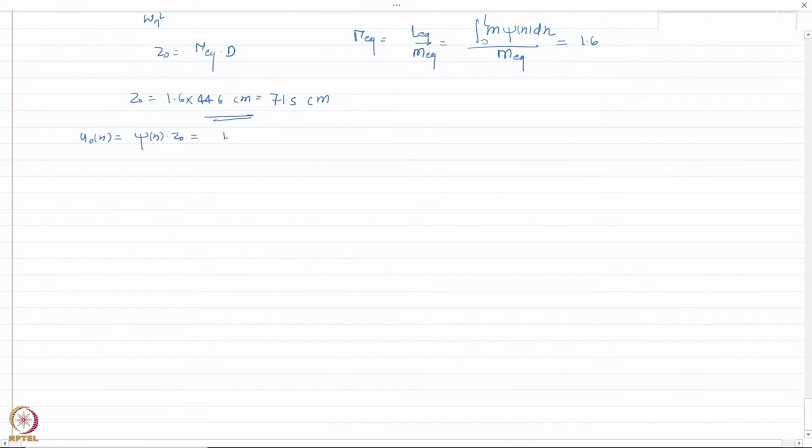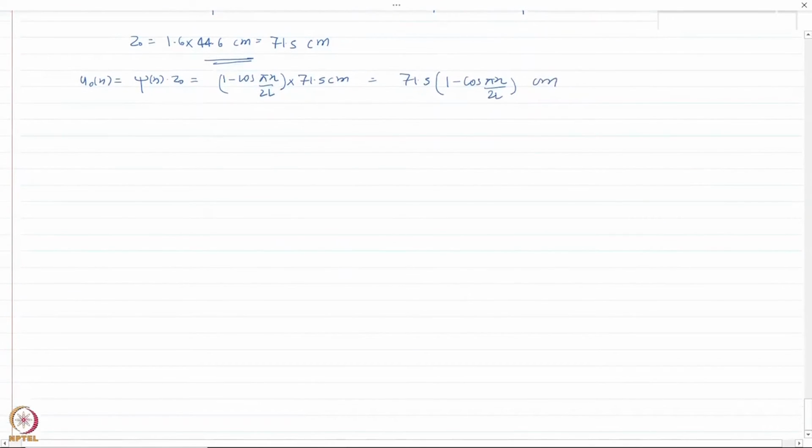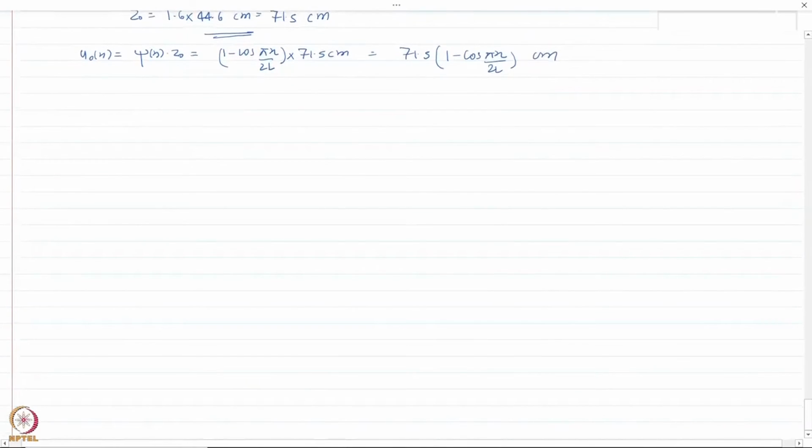Now phi x I have assumed as 1 minus cos pi x by 12 times 71.5 centimeters. Basically, you can write it like 71.5 first, and this as 12 centimeters.